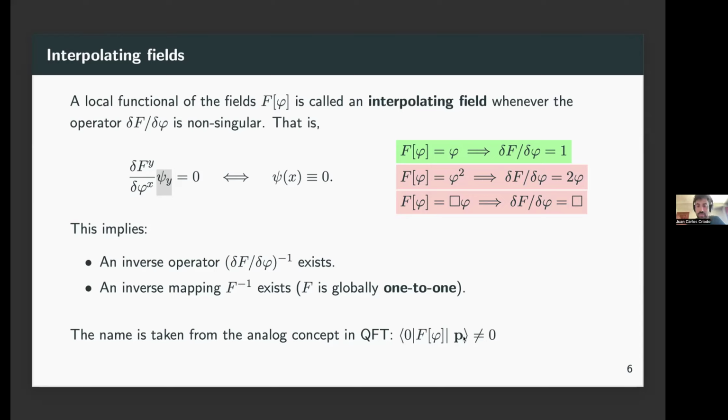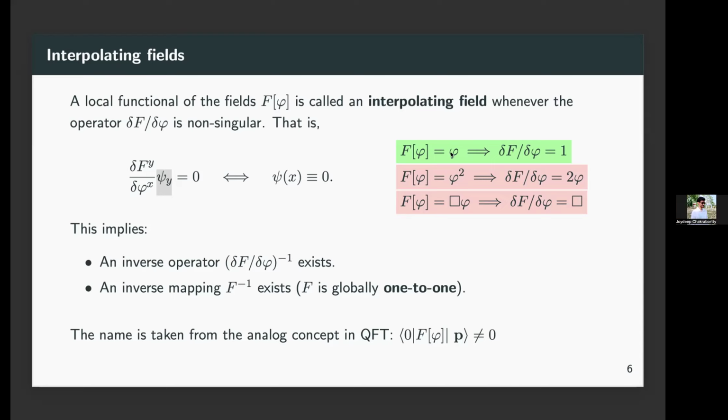And we show in the paper that if you have an interpolating field in the classical sense that we've defined, then if you quantize the theory, you have an interpolating field in the quantum sense. But this is purely classical.